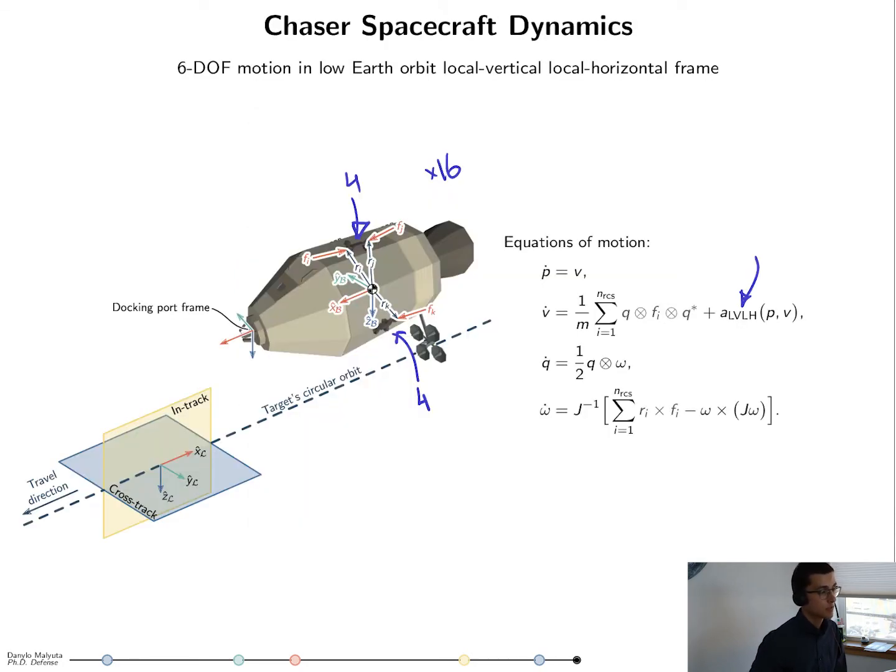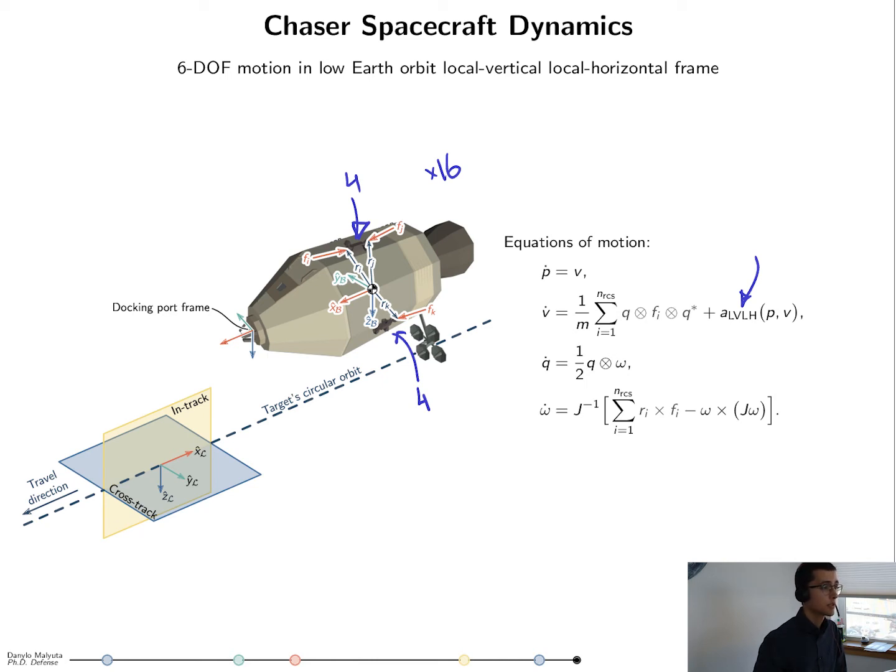So we begin, like we did before, by defining the dynamics. These are simple, rigid body, 6 degree of freedom dynamics that have a correction term for the non-inertial frame, known as the Clohessy-Wiltshire dynamics, assuming that the maneuver happens in low Earth orbit. So the dynamics are pretty simple.